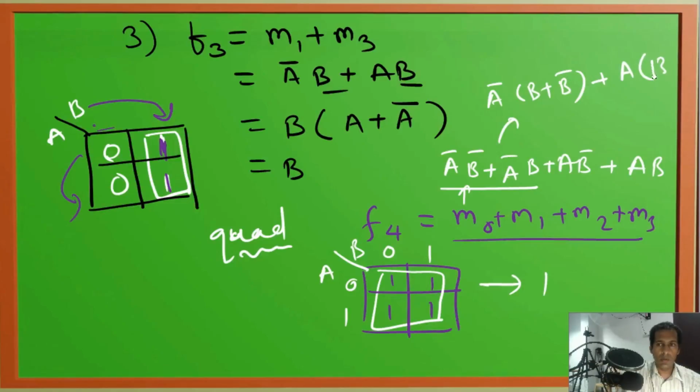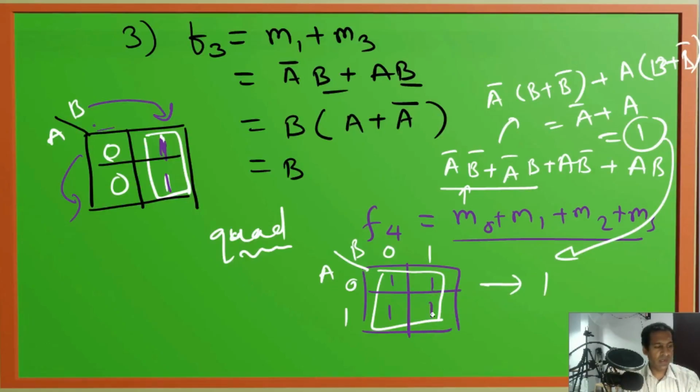So here b plus b bar eliminated. So here we will get a bar plus a, that is nothing but 1. So this will yield a 1. So like this we can solve the two variable K-map.